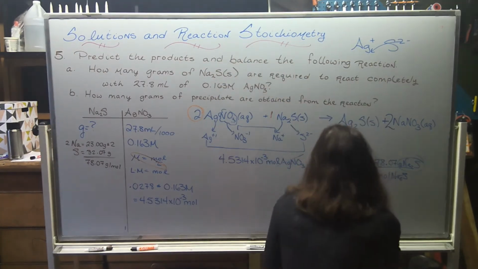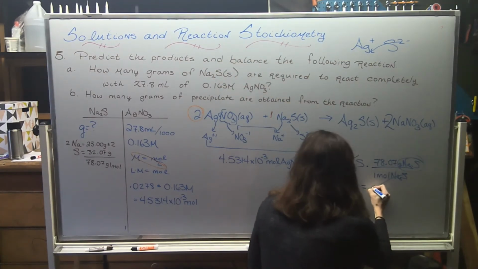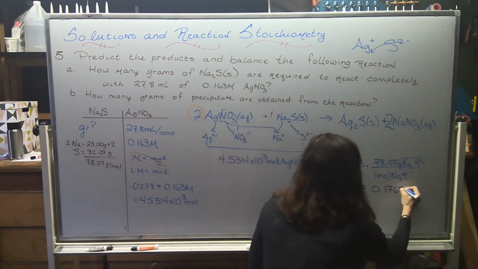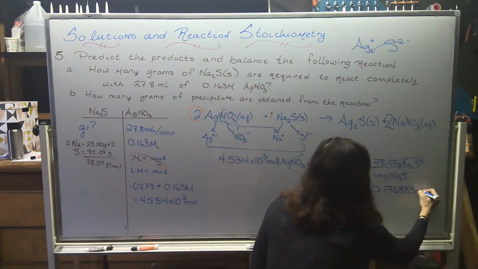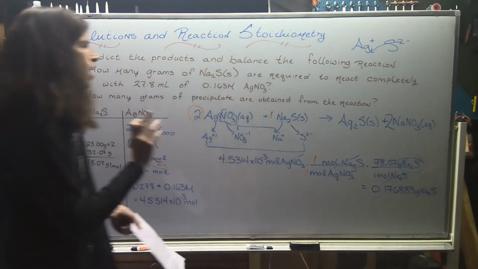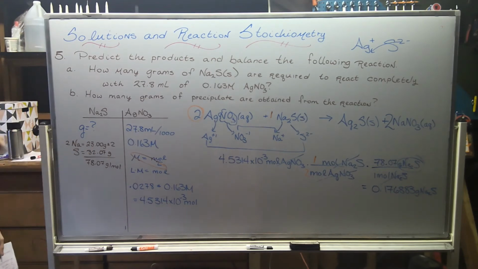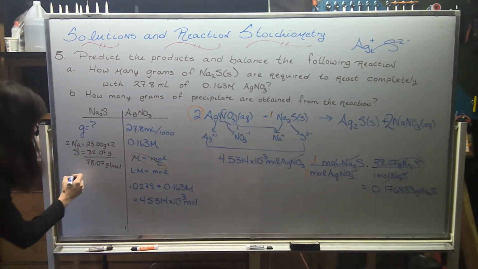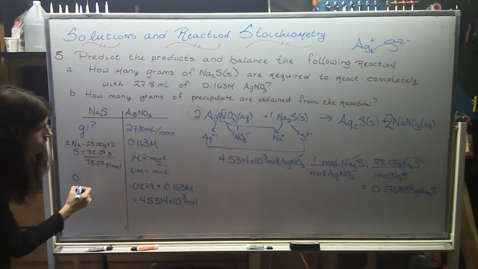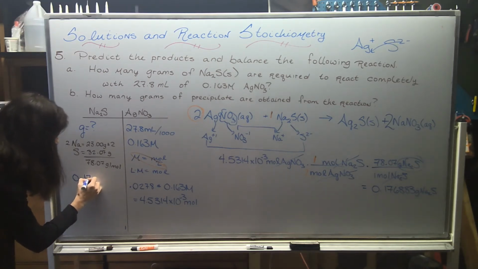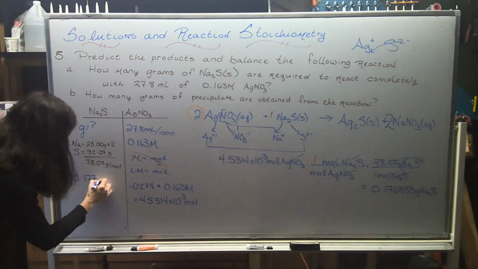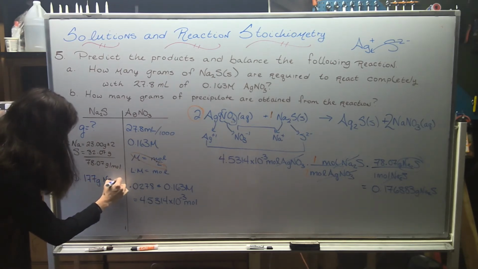And when I did that, I got 0.176883 grams of sodium sulfide. I only have 3 sig figs, so I'll report my answer for part A as 0.177 grams of sodium sulfide.